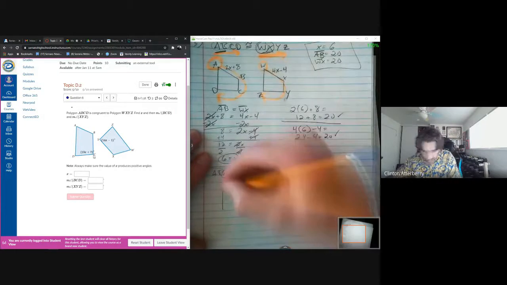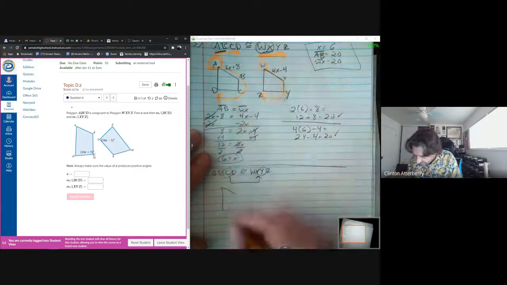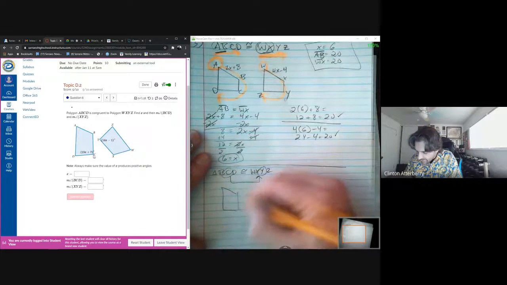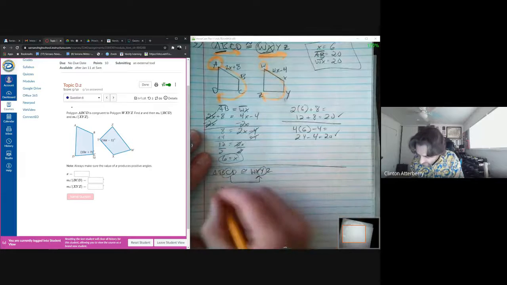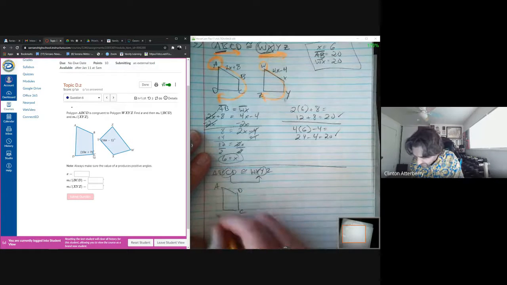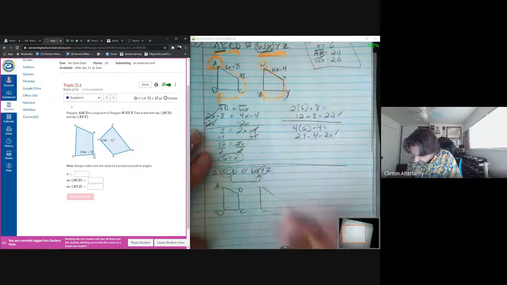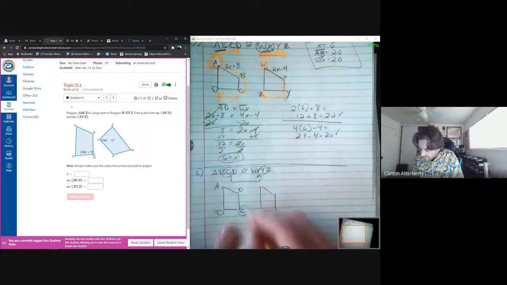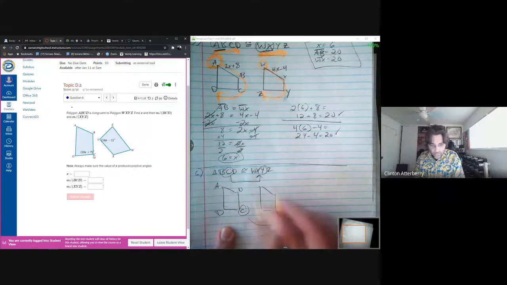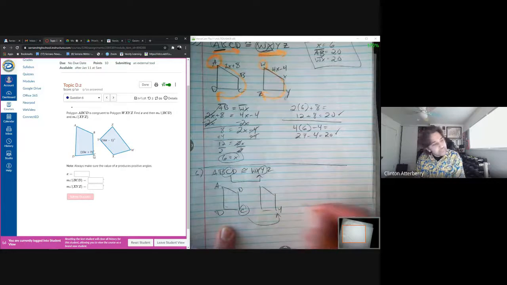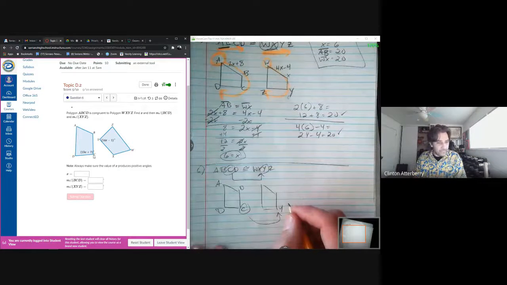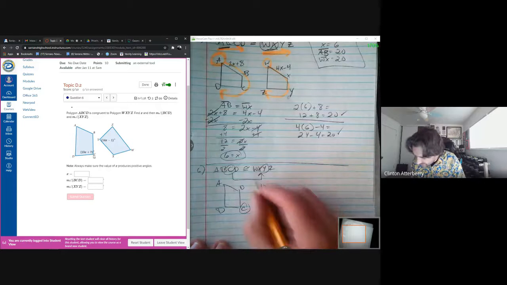For the sake of time, I'm just going to do a quick little drawing here and there. So it says A, B, C, D. On the other shape, which should be the exact same size, C and Y should be in the same spot. W, X, Y, Z. Let's go in that same order.